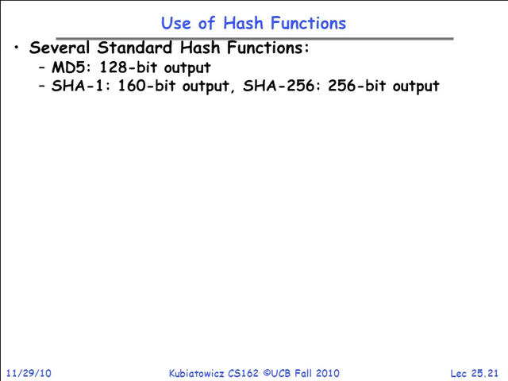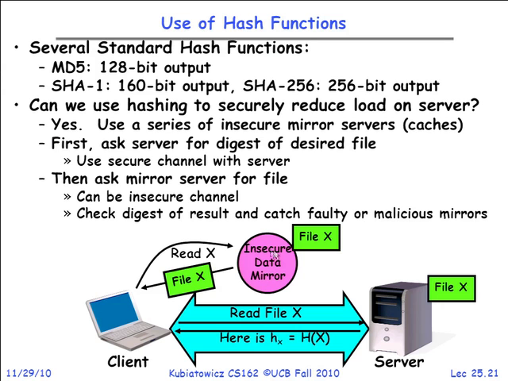The client says, I want to read file X. And the server doesn't give back file X. It says, here's the hash. Now the client says to the insecure server, give me the data. And the data mirror comes back and says, here's the data. And I can know that I got the right data because I try the hash on the file I got back from the insecure server. If it matches the hash I got from the server, then I know that it's the same file.